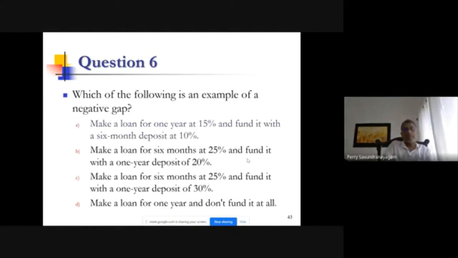Which of the following is an example of a negative gap? Make a loan for 1 year at 15% and fund it with a 6-month deposit. Make a loan for 6 months at 25% and fund it with a 1-year deposit at 20%. Make a loan for 6 months at 25%, fund it with a 1-year deposit at 30%. Make a loan for 1 year and don't fund it at all.